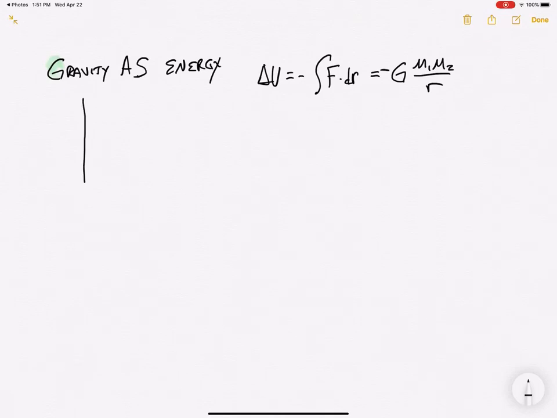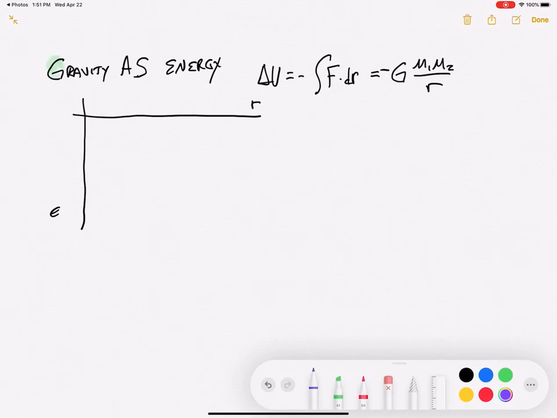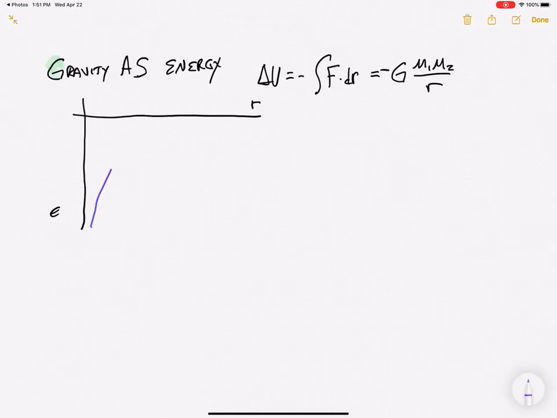Then we made a quick plot of the energy and the distance, and our gravity has a 1 over r dependence.